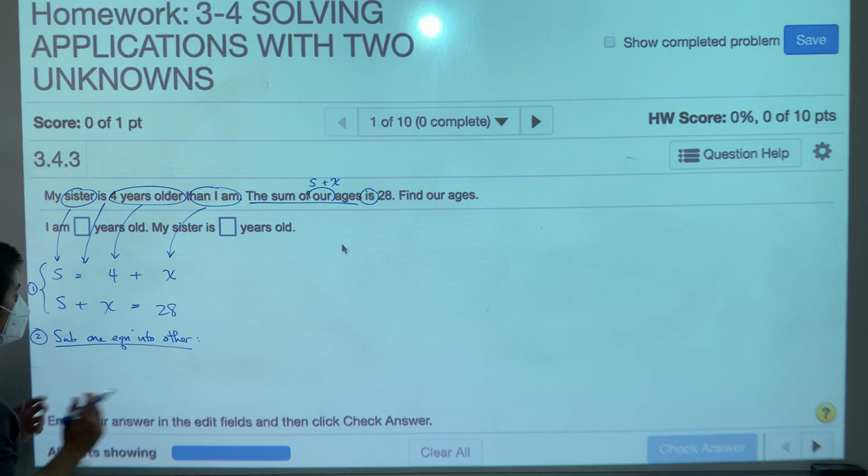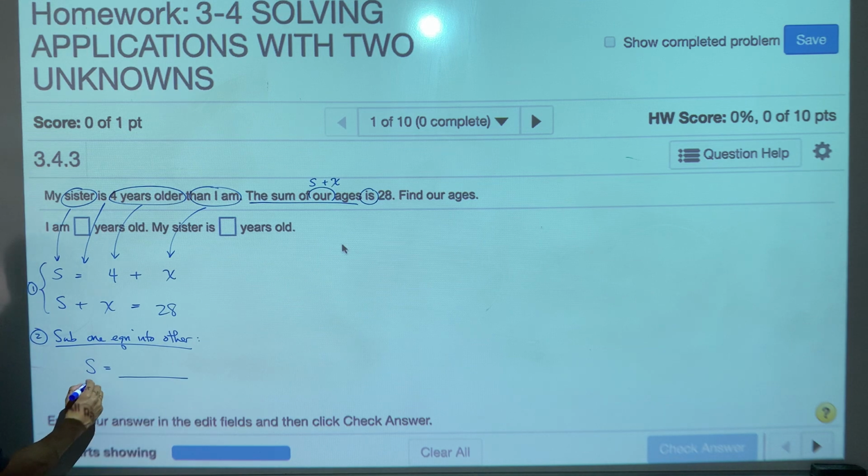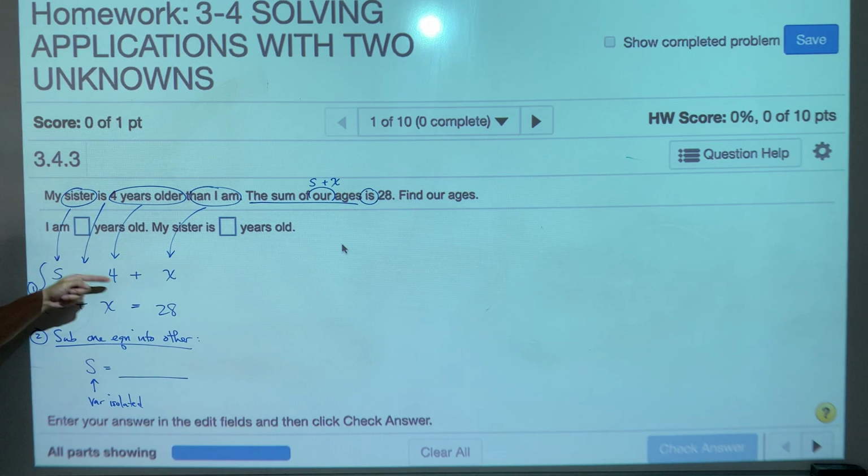So how do you identify it? You identify it by looking for an equation where it's S equals something, where the variable is already isolated. This is the one that we can take because the variable is isolated for you, and we can take that and put it into the other. You guys follow me? Questions about that?